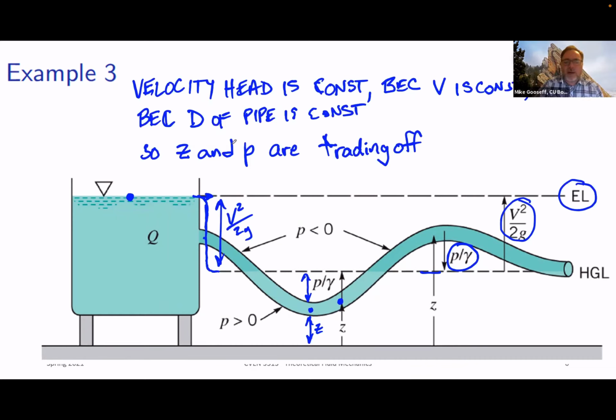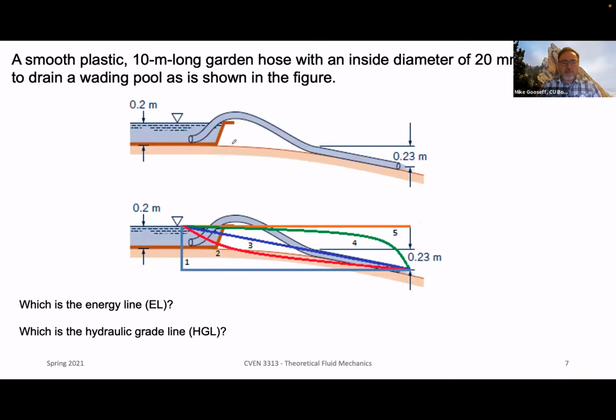Okay, let's put our new knowledge to the test and try to figure out what's going on in this particular problem. So let me move this out of the way. A smooth plastic 10-meter long garden hose with an inside diameter of 20 millimeters is used to drain a wading pond as shown in the figure.